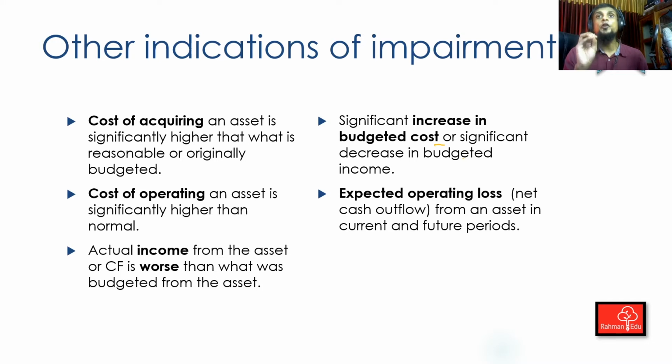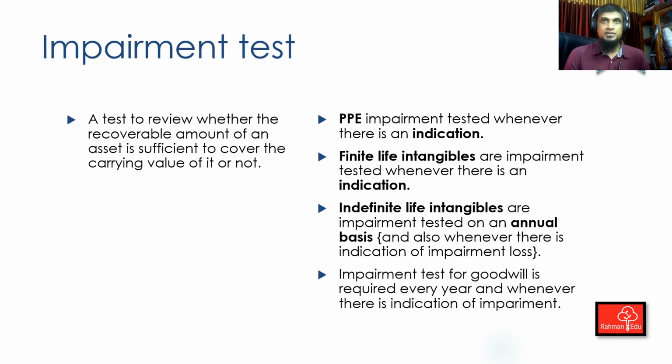Indication means possibly that asset is impaired. Then let's go for impairment test. When to carry out impairment test? Number one thing to understand: there is indication means do the test. No excuse, nothing. There is indication, do the test, right? If the asset is within the scope of IAS 36, do the test.